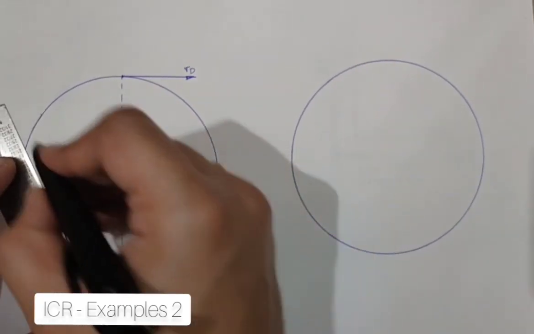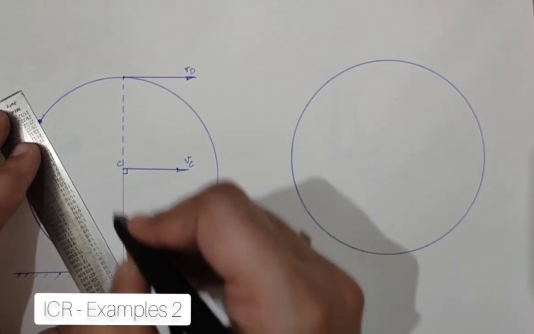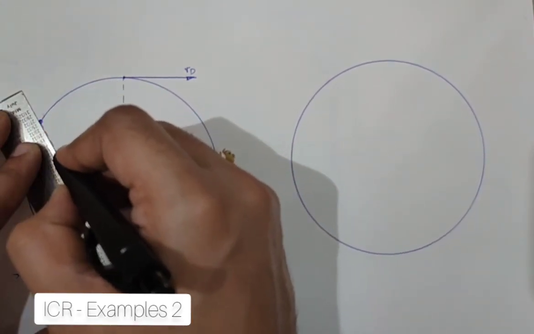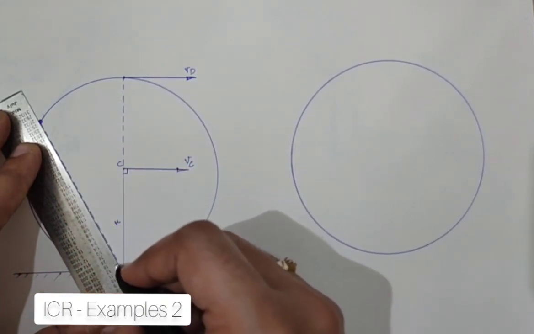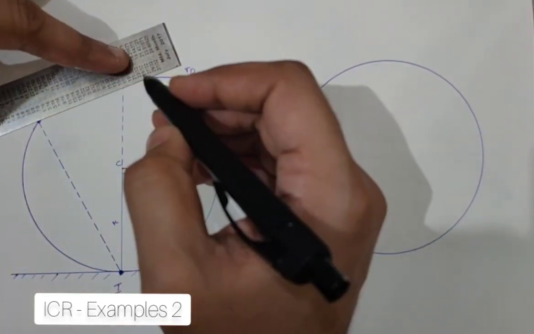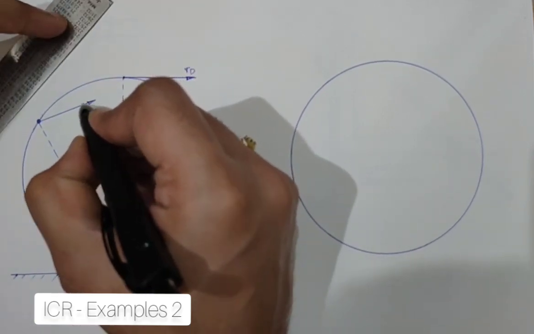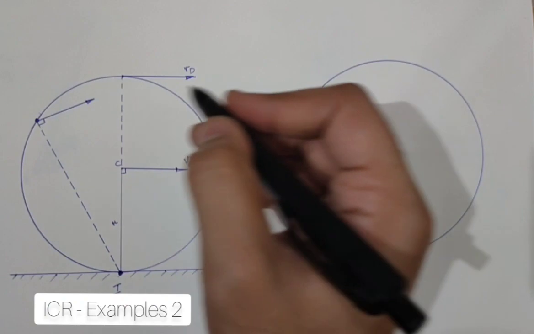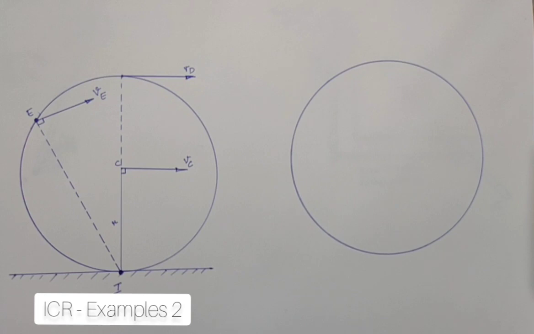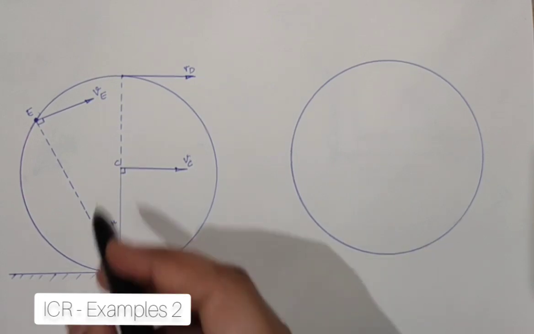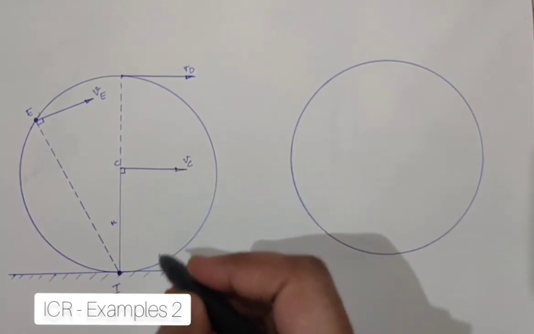Same way, if I want to find out the velocity at this given point, I again join these two points and draw a perpendicular from there. Let me name this point as E. This becomes velocity VE. So I hope you have understood this part, which is the ICR location for a rolling object without slipping.